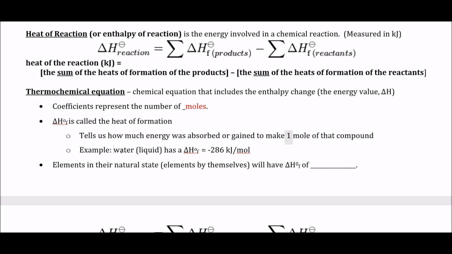For example, to make liquid water, we can make it from hydrogen gas and oxygen gas. When we react hydrogen gas with oxygen gas, both of which are elements, to make 1 mole of water, it releases this much energy. And it's being released because of this negative there.